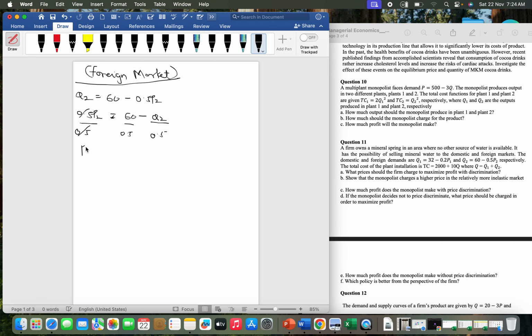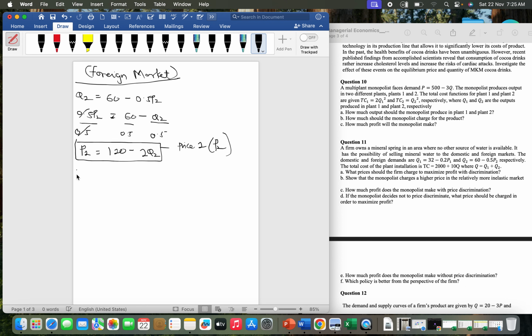So P2 is equal to 60 divided by 0.5. 60 divided by 0.5 would give us 120, minus, remember there is 1 here, so 1 divided by 0.5 would give us 2. You attach the variable, so 2Q2. So this is price 2, which is the P2 function.